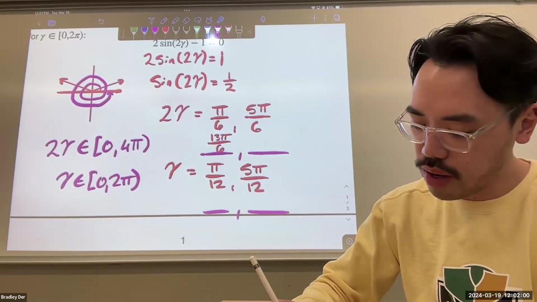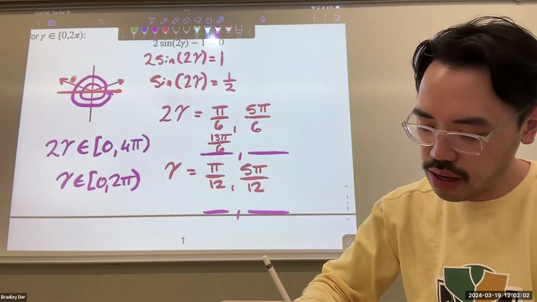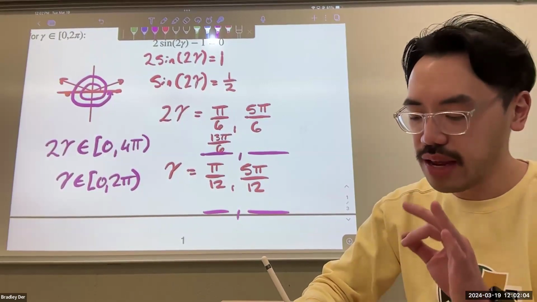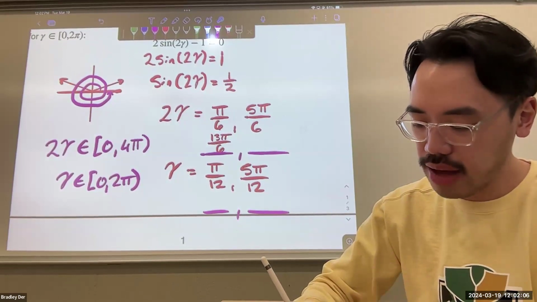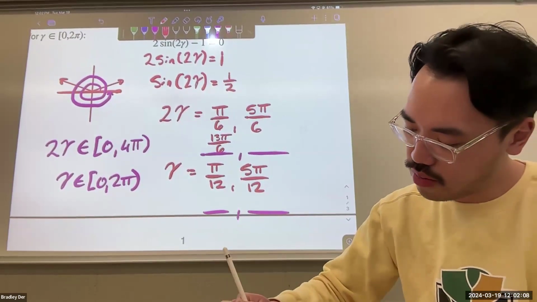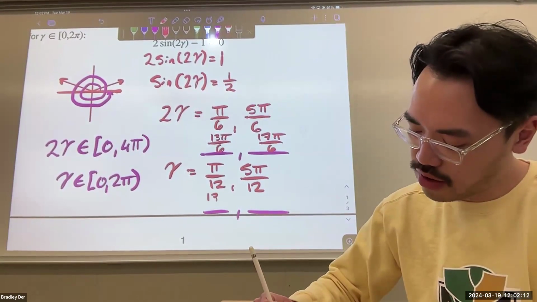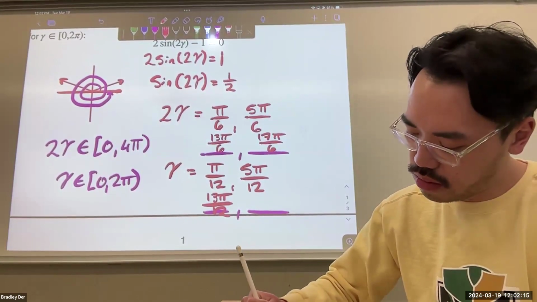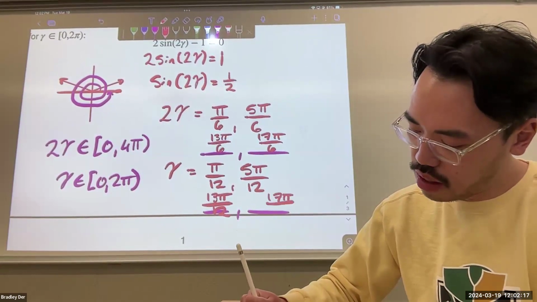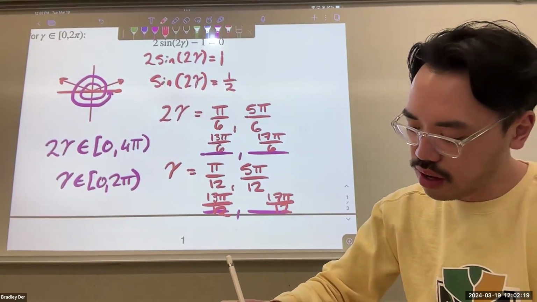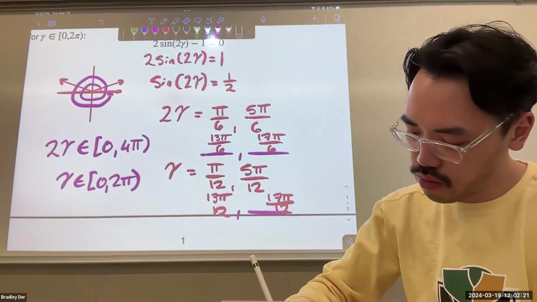Then if I went around for 12, and then for another half rotation up to 18 pi over 6, then back by 1 pi over 6, this would be 17 pi over 6. So then I'll just divide by 2 and get 13 pi over 12 and 17 pi over 12.